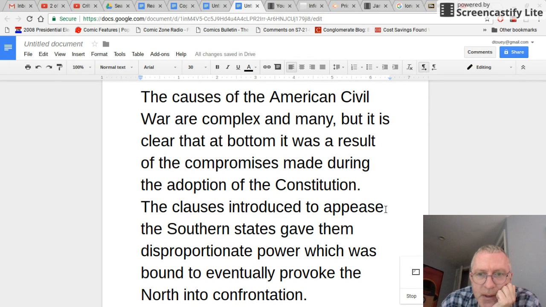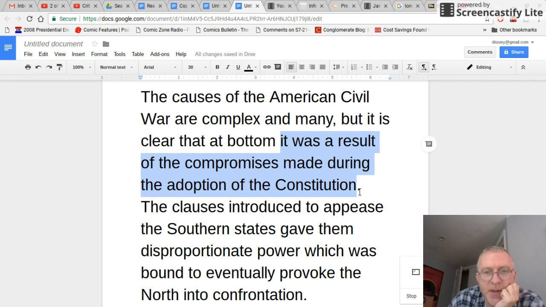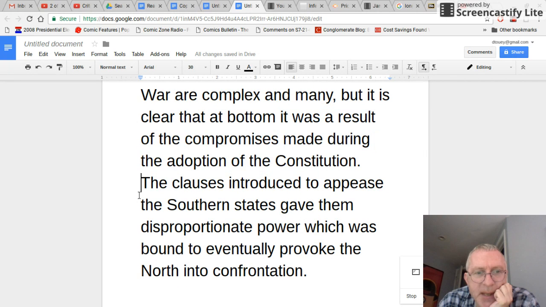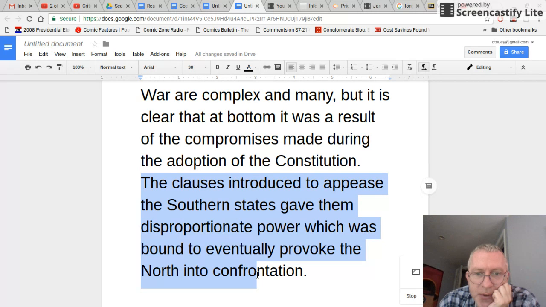That really, if we look at the argument as a whole, this is what's being argued for. This is actually our conclusion. Because if you look at the statements here, the clauses of the Constitution introduced to appease the Southern states gave them disproportionate power, and that was bound to eventually provoke the North into confrontation.